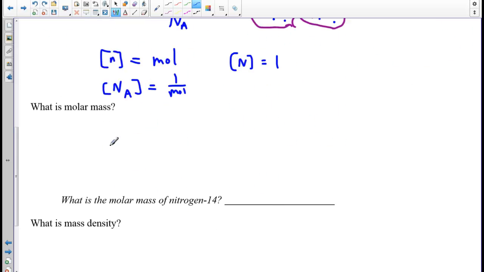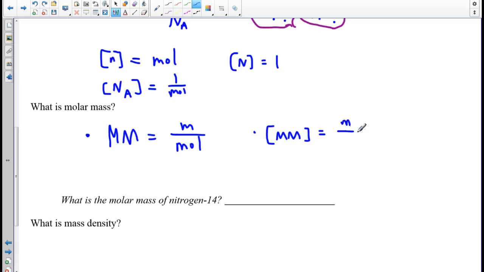What is molar mass? We'll get a definition, but right now let's just do an equation. It's the mass of a substance divided by the number of moles, the amount of the substance. The unit of molar mass, well, let's look at the equation.